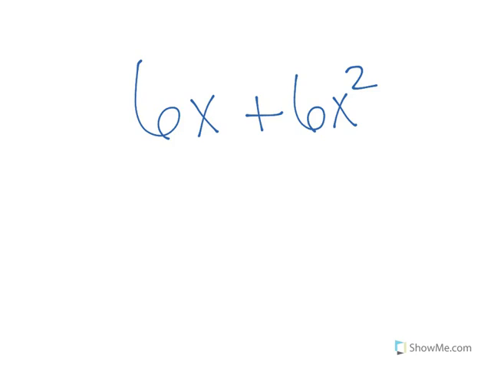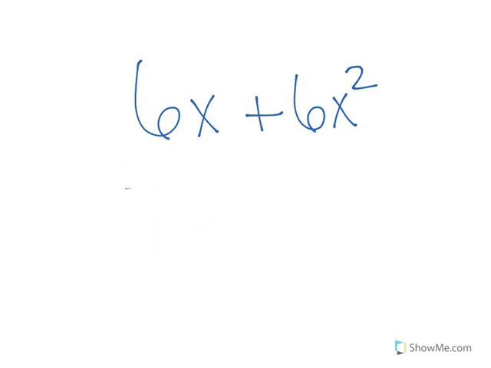Now, the last thing we're going to go over today is, what if I have 6x plus 6x squared? On this one, I can't actually simplify that. Now, I can combine a 6x plus 6x. That would equal 12x.